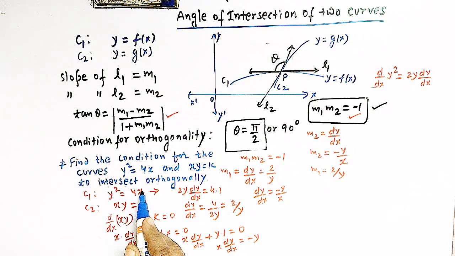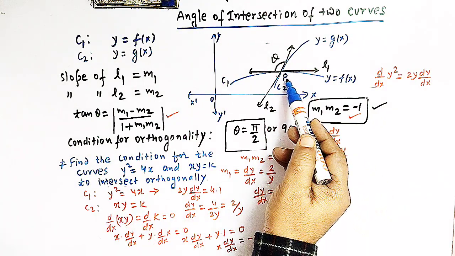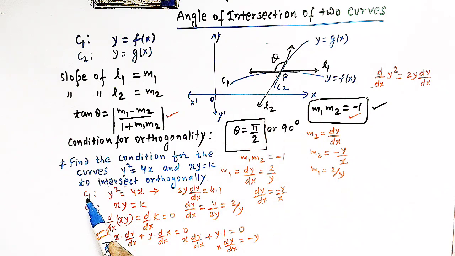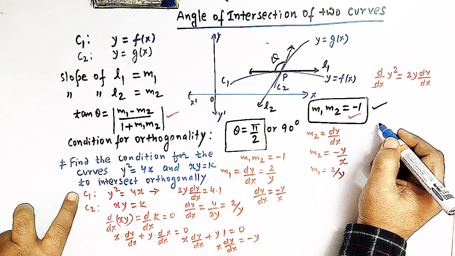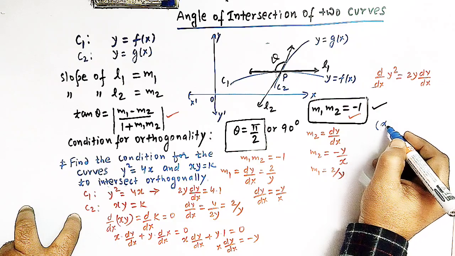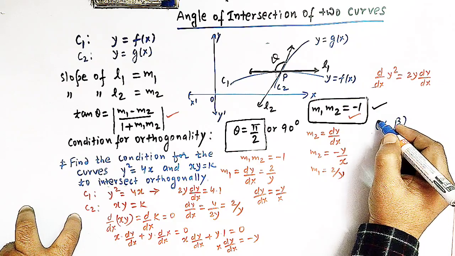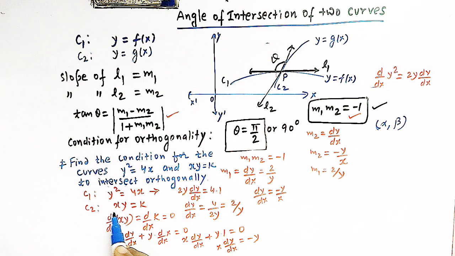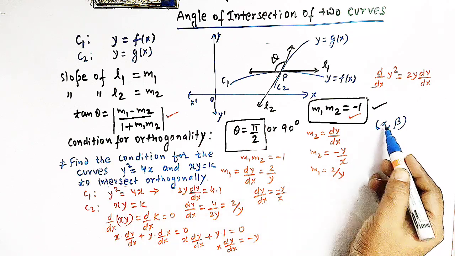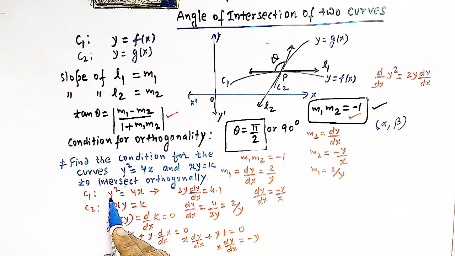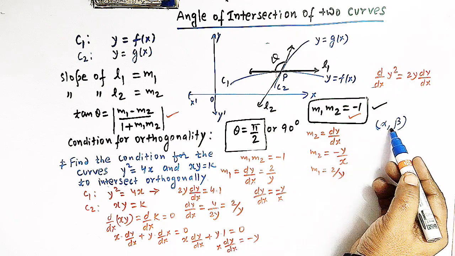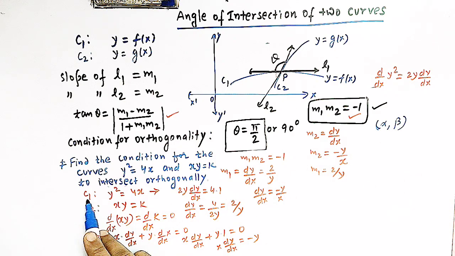So now let us find out the point of intersection, that is P, of these two curves C1 and C2. So let the coordinates of the point of intersection of the curves C1 and C2 be alpha comma beta, right? Since this point lies on both the curves, this point should satisfy both these equations, right? So first we'll substitute this coordinate in the equation of C1.